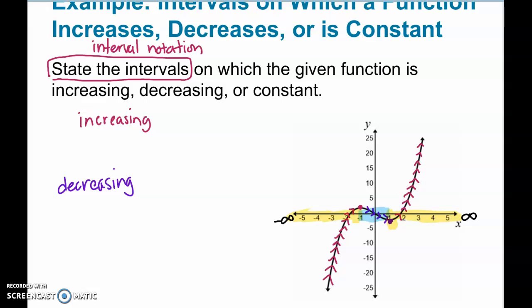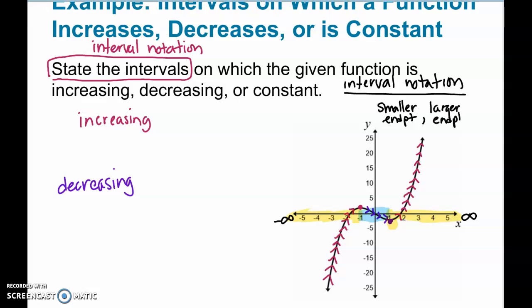And in order to write something in interval notation, we're going to put the smaller endpoint on the left-hand side. We're going to put the larger endpoint on the right-hand side. We're going to separate the two endpoints with a comma. Then we choose a parenthesis or a bracket based on whether the endpoint is included or excluded.